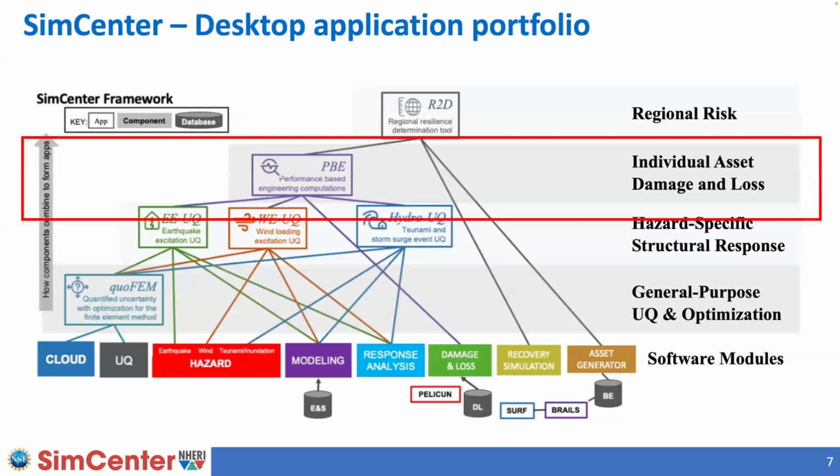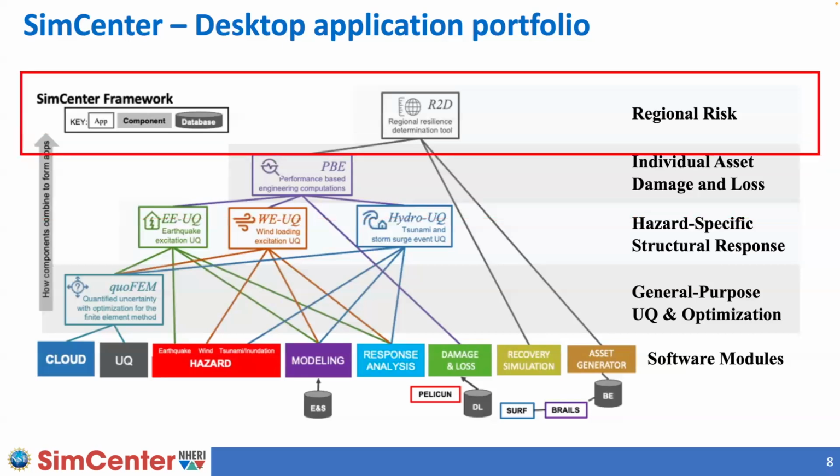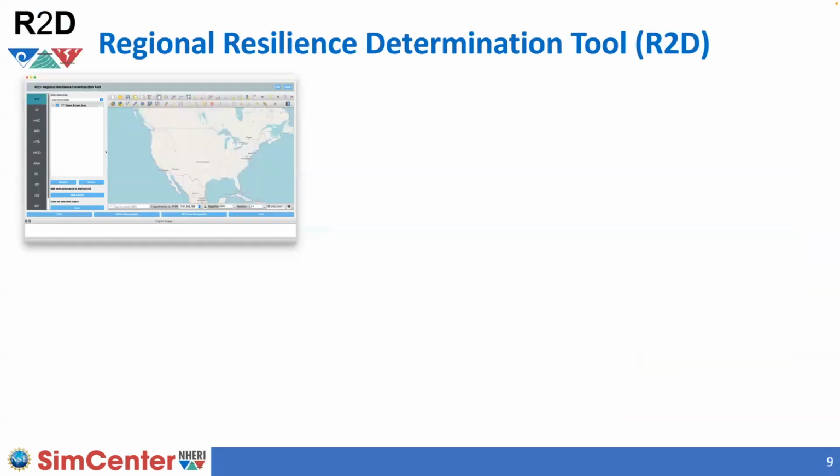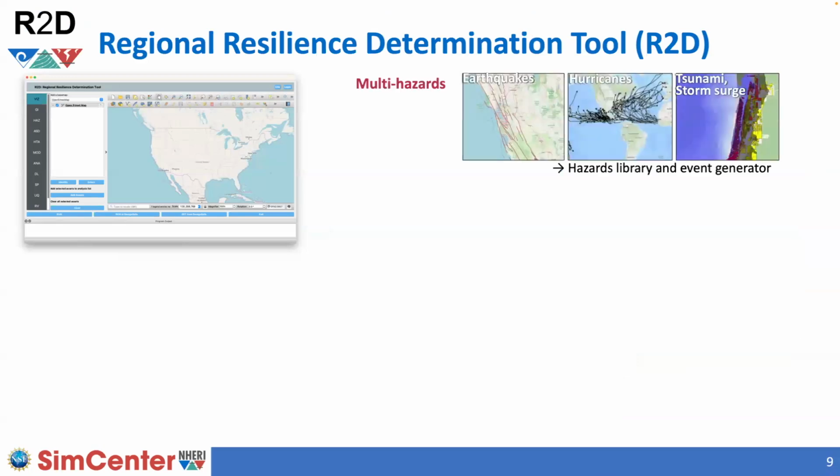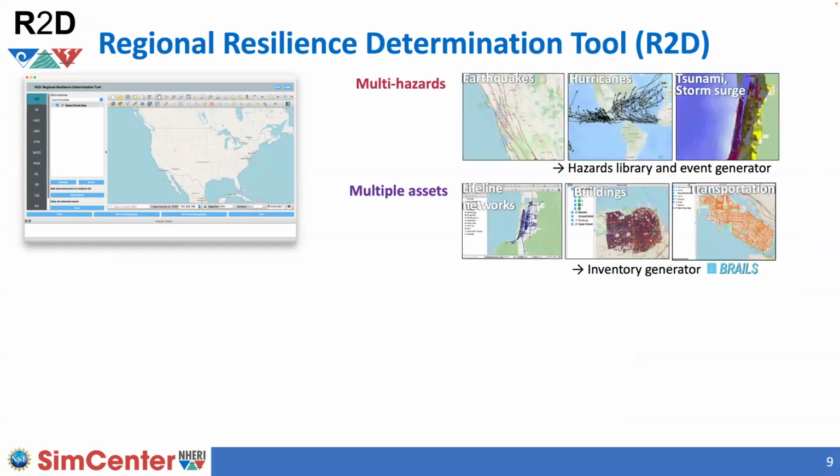And on top of PBE, there is the regional risk assessment software, R2D. And R2D will also be the focus of the rest of my presentation today. Here is the user interface of R2D. It can be used to study multiple types of hazards, namely earthquakes, hurricanes, tsunami, and storm surge.